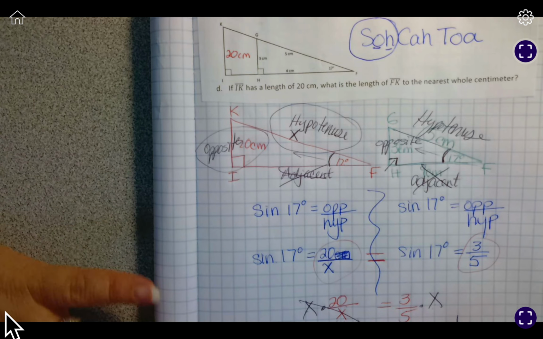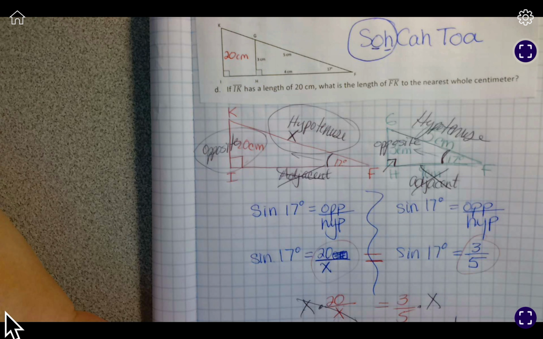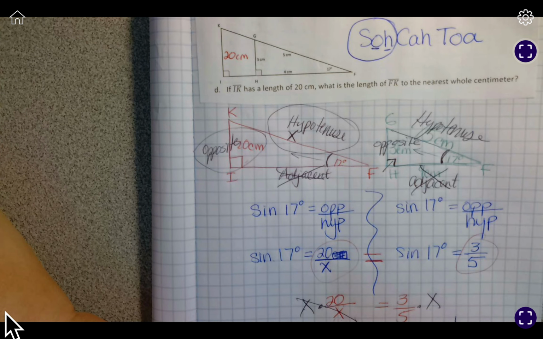And now here, finally to get the x by itself, I'm going to divide by 3, because that's the opposite of multiplying by 3. Divide by 3. I get x equals 33 1/3, or 33.3.